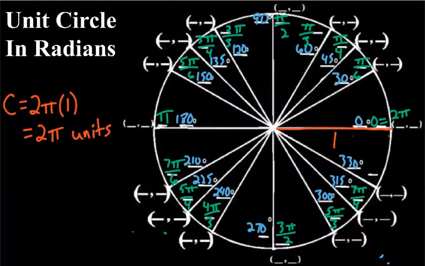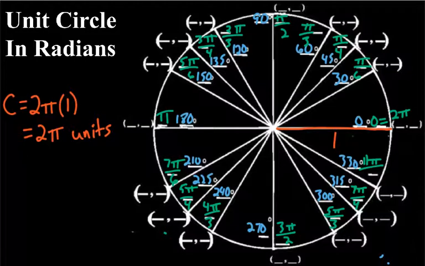So we added pi over 6 units to 10 pi over 6 radians. And adding another pi over 6 units as we add to 330 degrees is 12 pi over 6, which is the same as 2 pi.